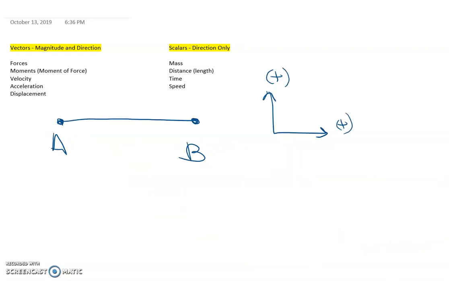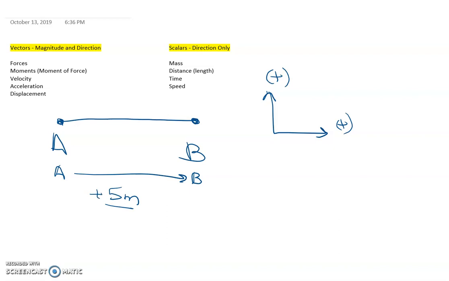Similarly, when we're talking about displacement, if we go from point A to point B, and let's say this is 5 meters, that means that we would have had a displacement of 5 meters.